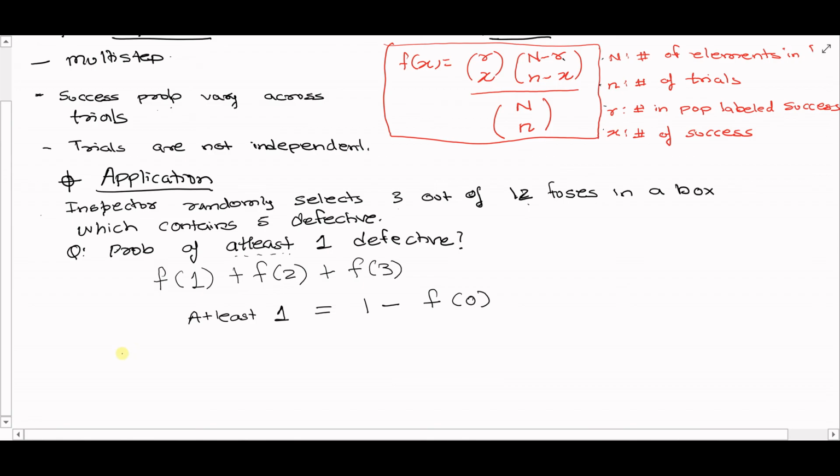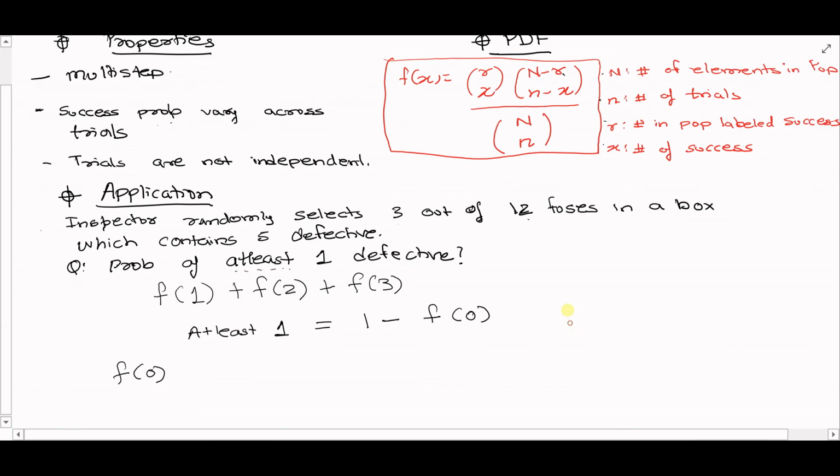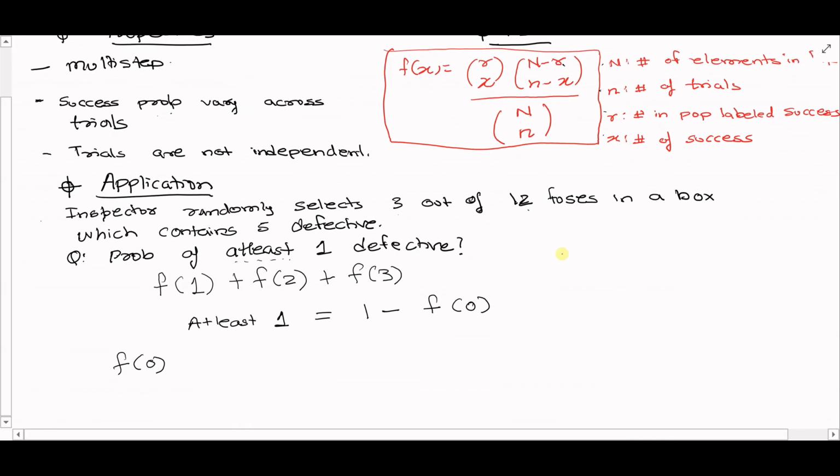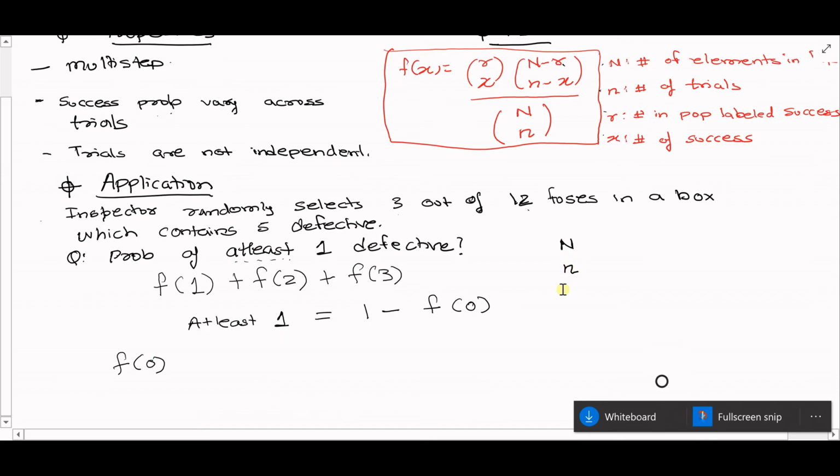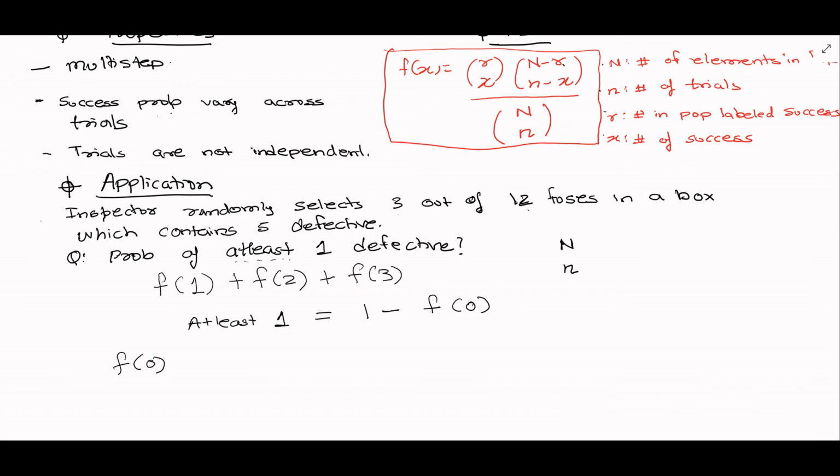So we would like to find out f of 0, the probability of 0. For using the PDF, we would want to see what is N, the uppercase N, the lowercase n, the r, we need 4 pieces of information, and x. We know x is 0.